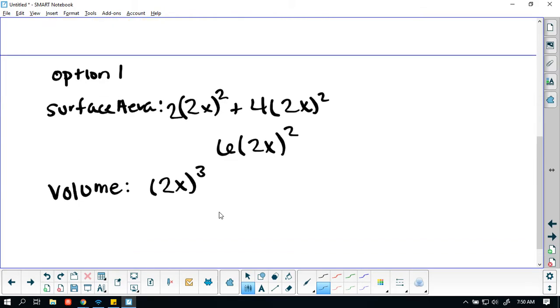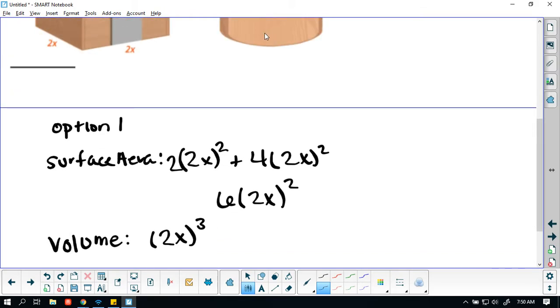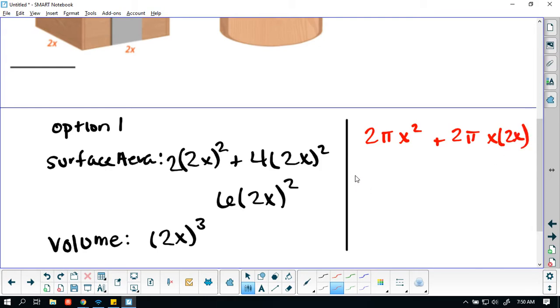All right, in the cylinder, we are looking at the surface area. I'm going to use red for the cylinder and just kind of draw a line going down so I can use the same writing and not have to write surface area. So here the surface area is going to be 2 pi x squared plus 2 pi x times 2x.